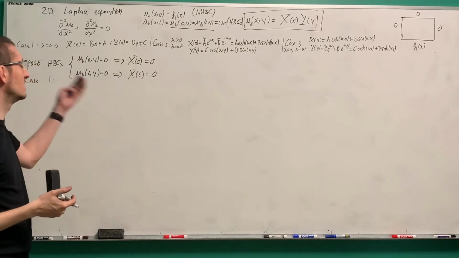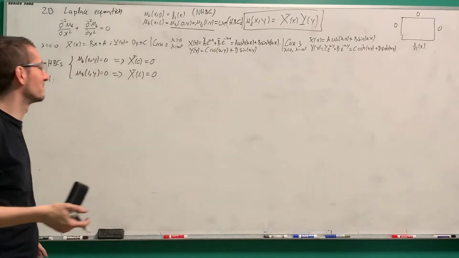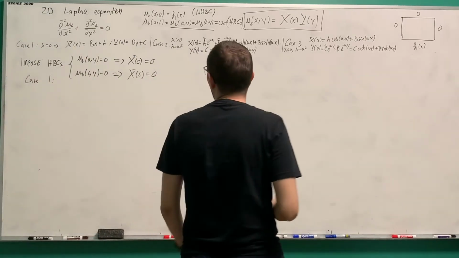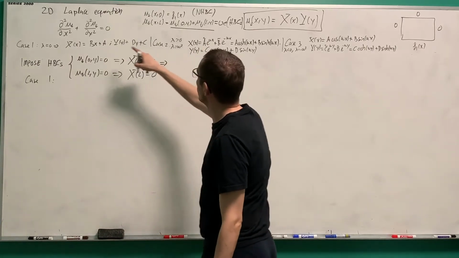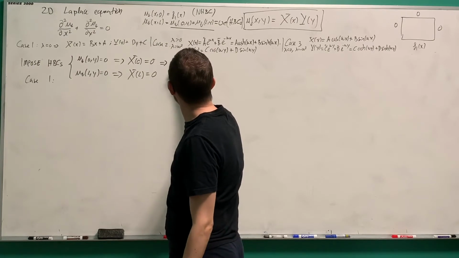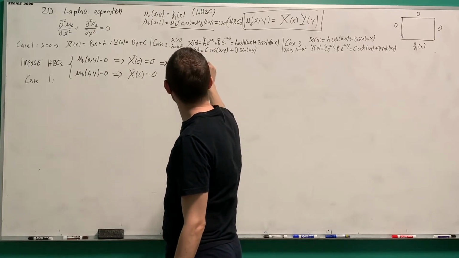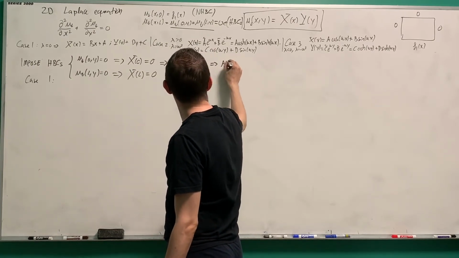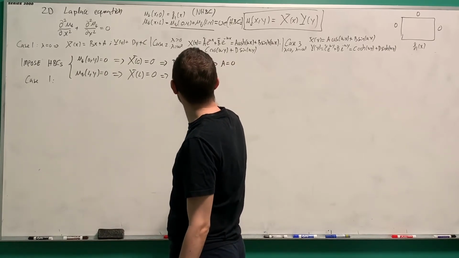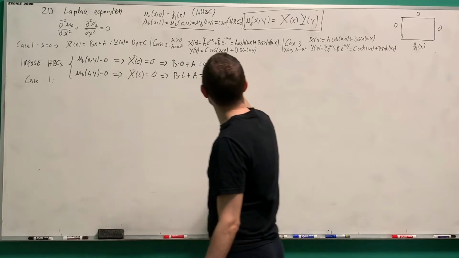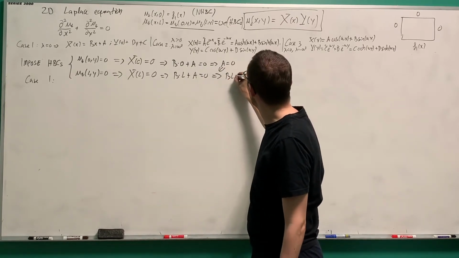All right, because Y is true for all y's, and you can divide by it, and you got it. So if we impose that, we get from case 1 that b times 0 plus a equals 0, and that means that a is equal to 0. From this one, we get bL plus a equals 0, and that means, because a is equal to 0, that bL is equal to 0.